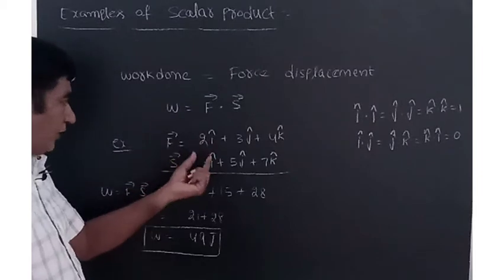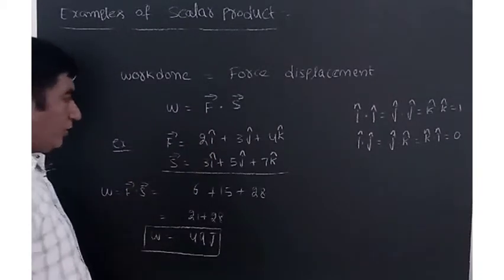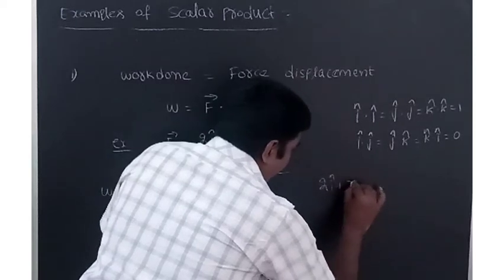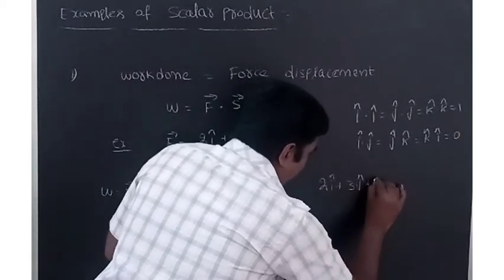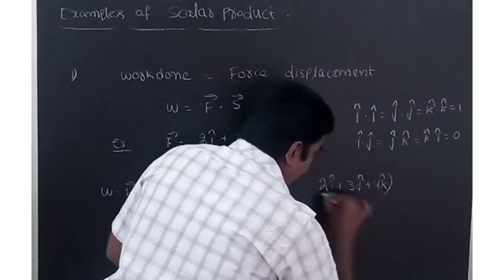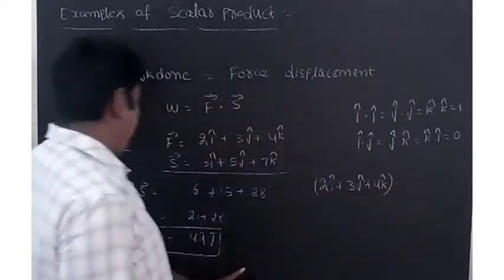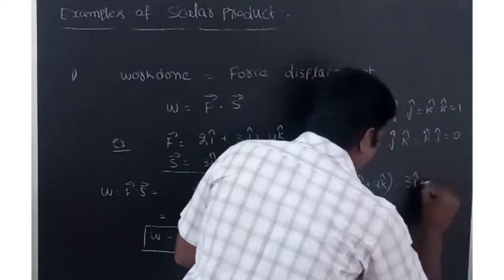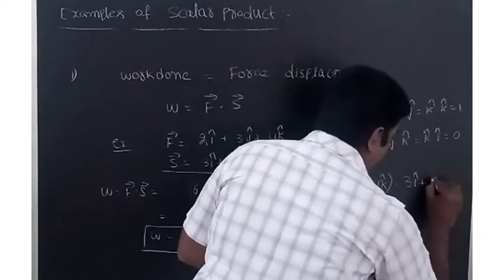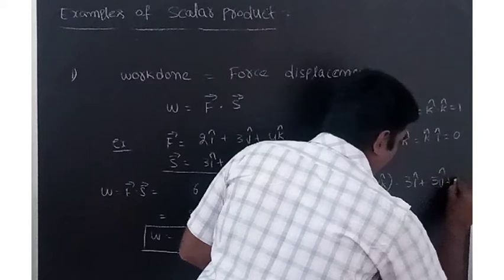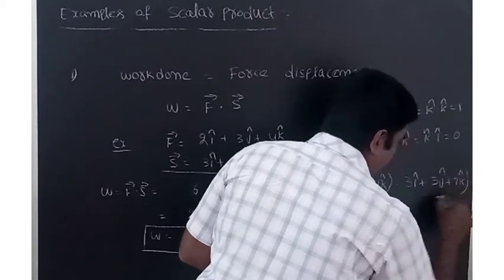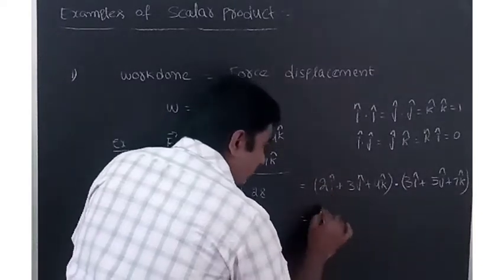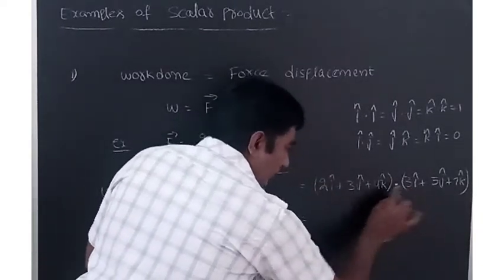If you are getting a little bit of confusion, you can use it like this: 2i cap plus 3j cap plus 4k cap dot 3i cap plus 5j cap plus 7k cap. We can use this dot. By doing this, 2 into 3 is 6.